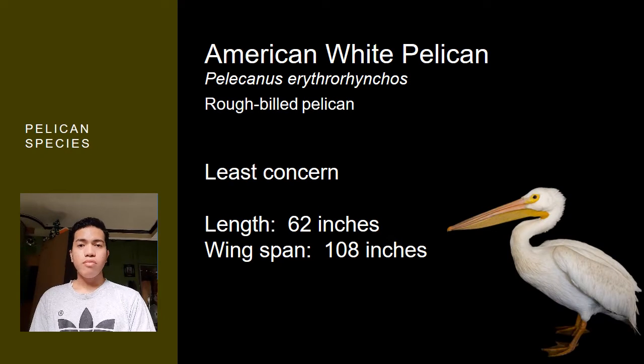Another species of pelicans is the Pelecanus erythrorhynchos, or the American white pelican. This species is commonly known as the rough-billed pelican. They are considered a least concern species, and they can grow to about 62 inches with an average wingspan of 108 inches.